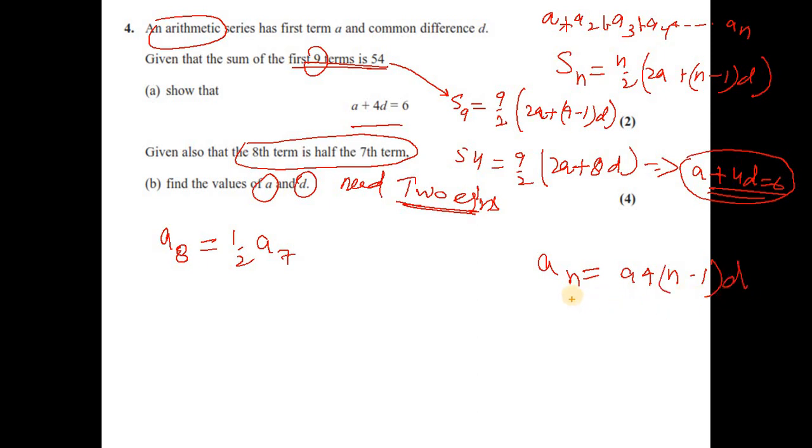So for A8, it must be A plus (8 minus 1)d, A plus 7d, is equal to half of A7. A7 must be A plus 6d. And then if you simplify this equation, you can rearrange this as A plus 7d and 6d, 7d and 6d, okay.